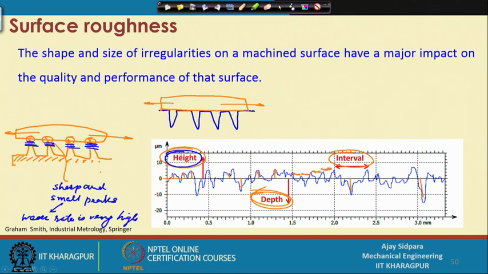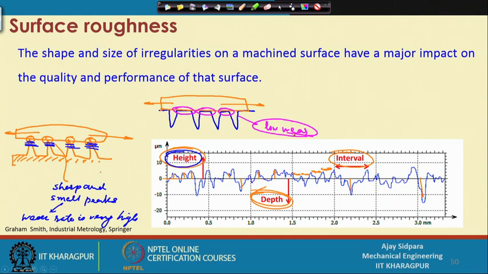Now, what is going to happen? What is our apparent contact area? These are our contact area. Our contact area is very, very large and the peaks are also not sharp. So, your wear rate will be very, very low in this particular case.